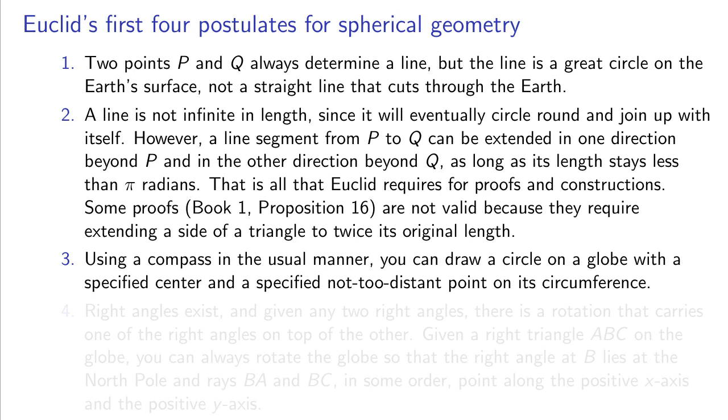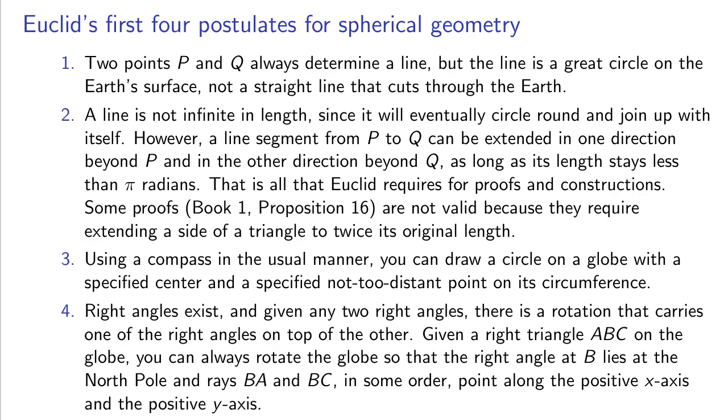Postulate 3 holds just fine, and in fact, with an ordinary compass and a globe, you can stick the point of the compass down into the globe, draw a circle, and it works just the same way as in Euclidean geometry. Right angles exist, and a form of right angle that's easy to visualize is take the equator, cut it with a meridian of longitude, the angle on either side is the same.